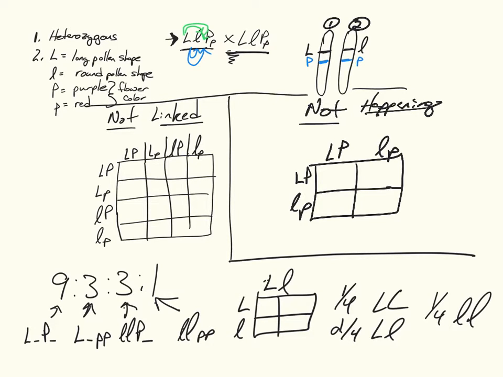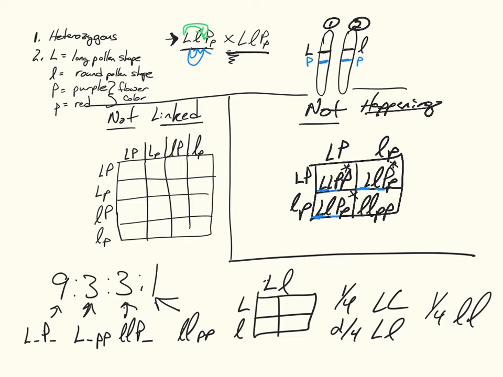So now what does that turn into? That turns into big L, big L, big P, big P, big L, big L, big P, big P, little l, and little l, little p, little p. Well, what do these three look like? They all have a big L. They all have a big P. Do you see that?